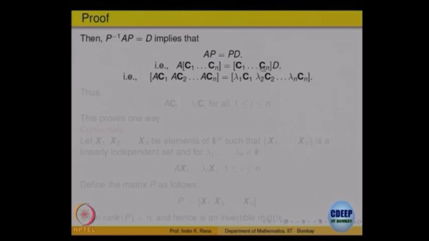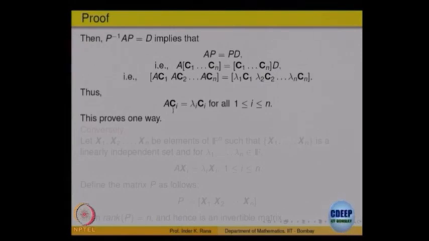This is just matrix multiplication, nothing more than that. So, this is equal to this, which means AC1 is equal to lambda 1 C1, AC2 is lambda 2 C2 and so on. In general, ACj is lambda j Cj, and that precisely says that lambda j is an eigenvalue with Cj as the eigenvector. So, one way is done.